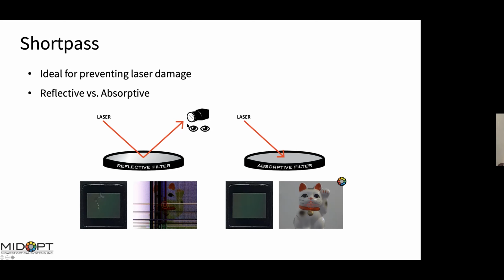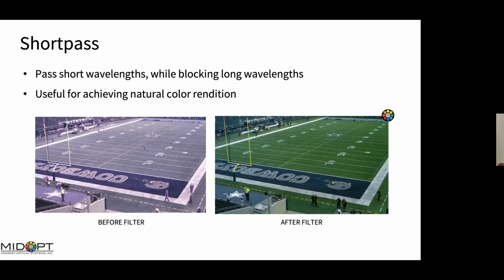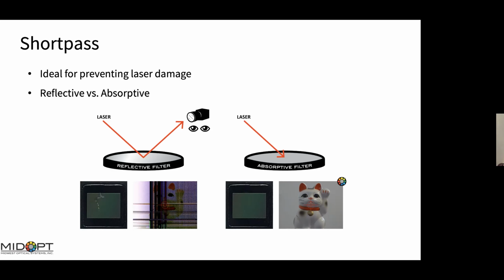A short pass filter is good for blocking those infrared lasers, but allowing you to still see your application because it's passing visible. When selecting a short pass filter for this type of application, you want to make sure that you get an absorptive type filter. This will help to absorb the energy instead of reflecting it into another camera system or into somebody else's eyes. So short pass filters are great for helping to achieve natural color rendition, and also for helping to prevent laser damage to your lens and camera in laser inspection applications.